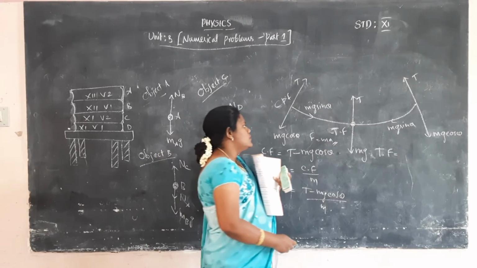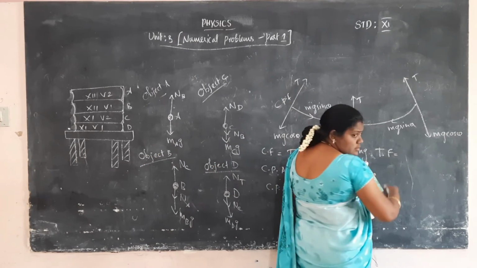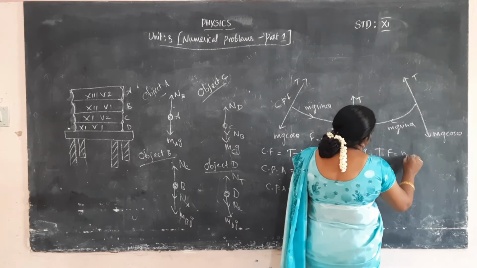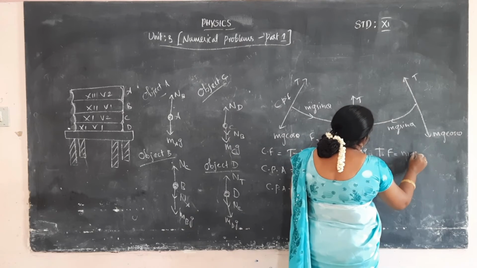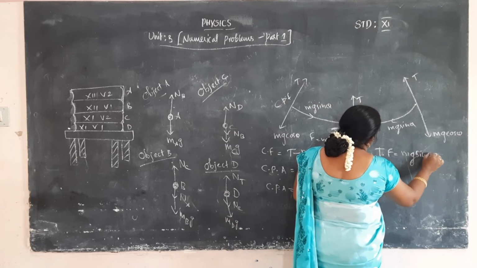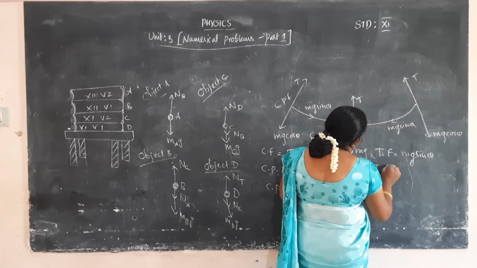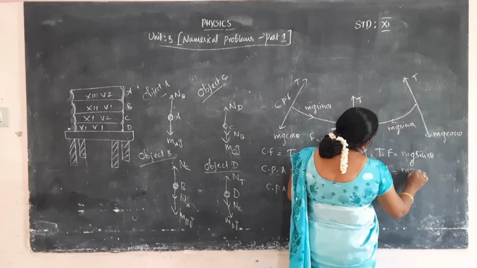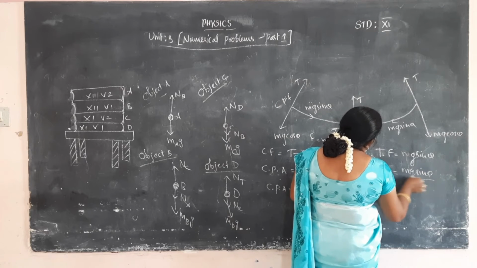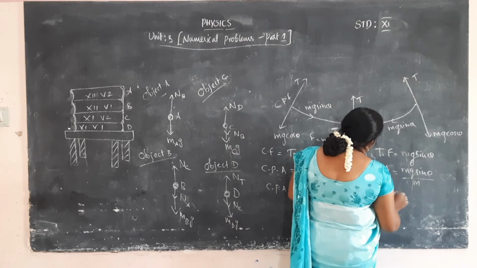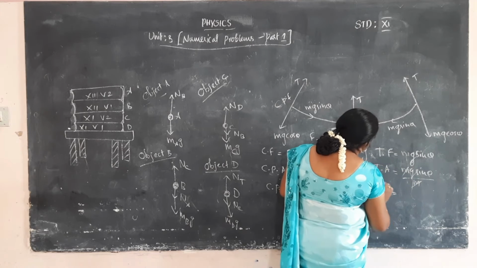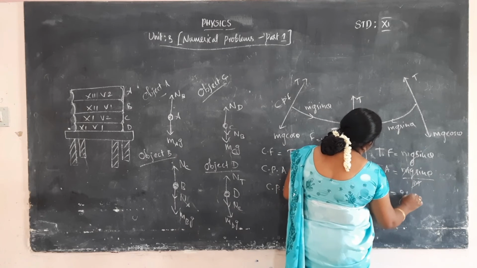So tangential force is equal to mg sin theta. Tangential acceleration is tangential force by m, that is mg sin theta by m. The m cancels, so tangential acceleration is equal to g sin theta.